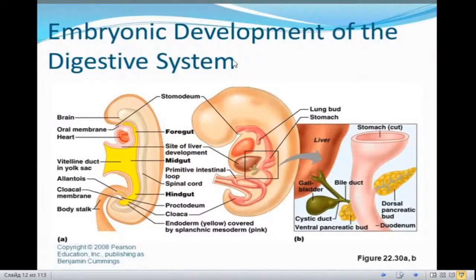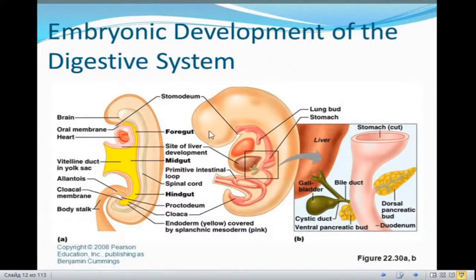Now to embryonic development of the digestive system. During embryonic development, there forms the primary tube from the endoderm. Here it is seen better, primary tube from the endoderm, and it's closed from both ends, so it's blind-ended from both sides.